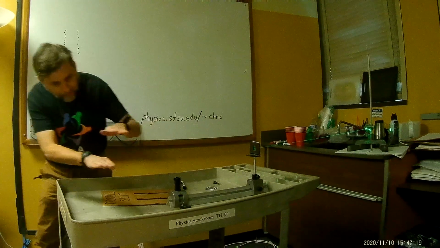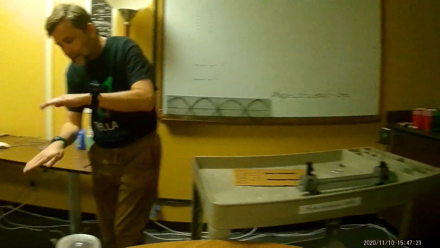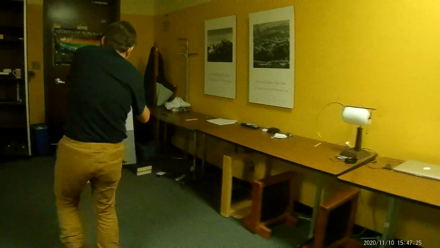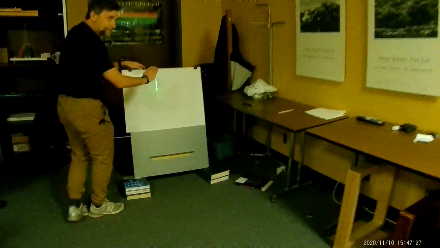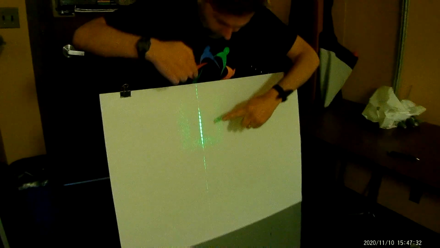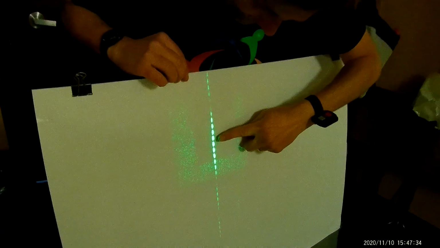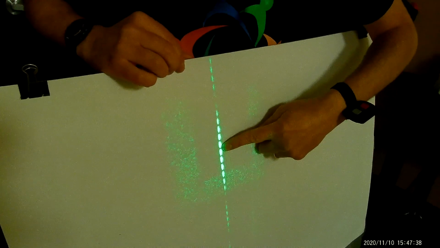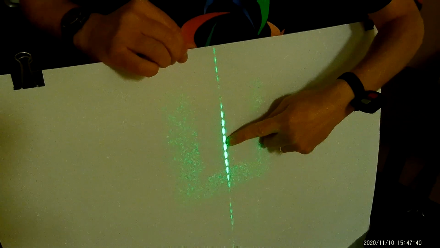Some of it goes through the top slit, some goes through the bottom slit, and these waves might offset one another if they travel a slightly different distance. And when they do, if they are offset by half a wavelength, then they'll collide, cancel each other out, and you'll see a dark fringe there.